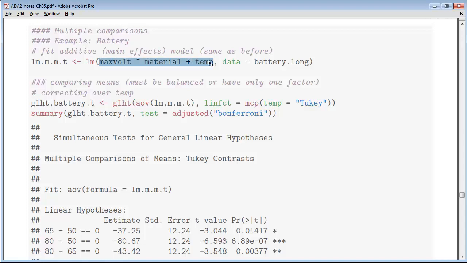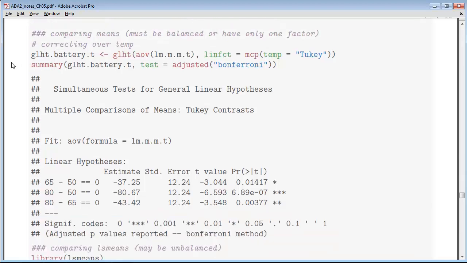All right, so let's return to that battery example, and notice for this example, just temporarily, we're going to come back to the interaction model in a moment. First, we're going to look at the main effects model, which we know is not a good idea because there is interaction, but sit tight for a moment. So we're going to fit the main effects model. You can see that my linear model object over here specifies max voltage, material type, temperature, but I didn't include the interaction, so I don't have that additional .mt as I've got in the interaction term that I created earlier.